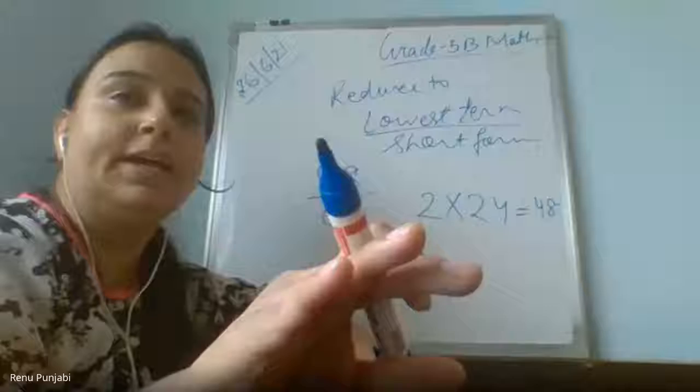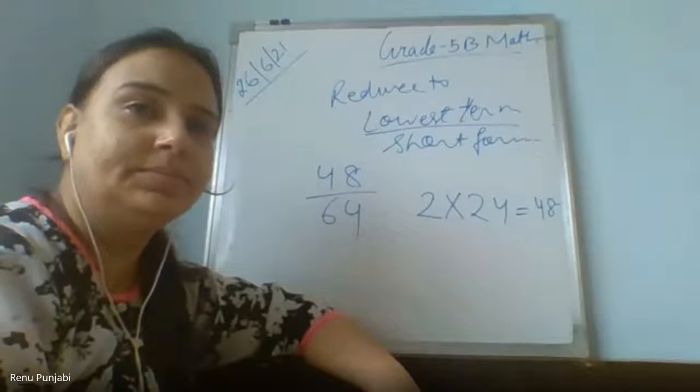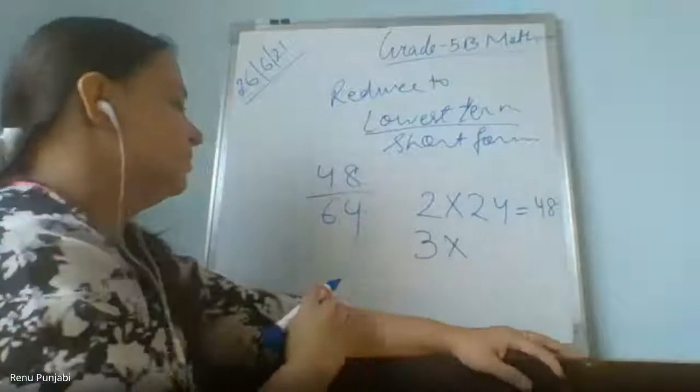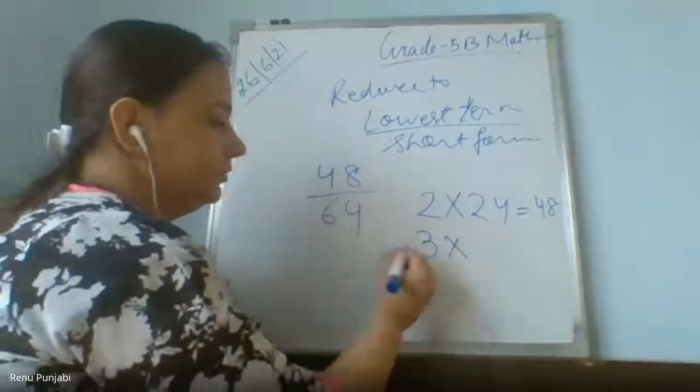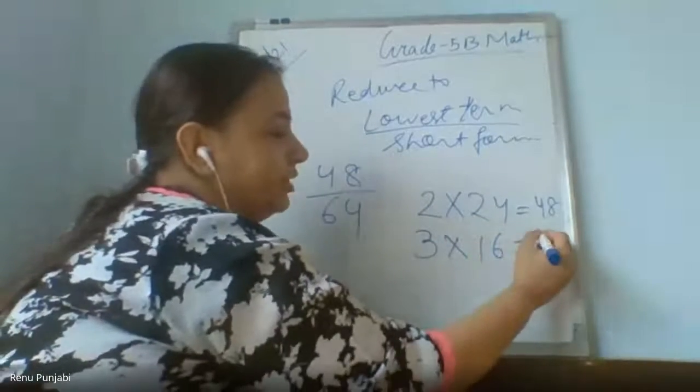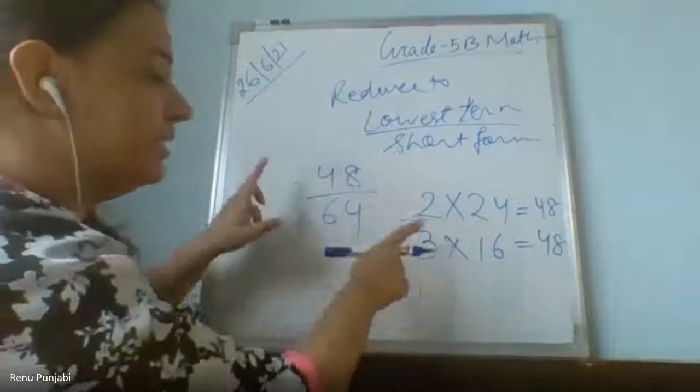Dhyan Dalal, mute your mic and do it. Ma'am, 16. How many times is it going? 16 times. So 3 multiplied by 16 is equal to 48, we can say, because it is divisible by 16.